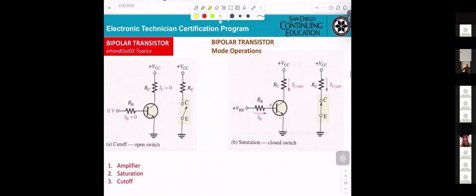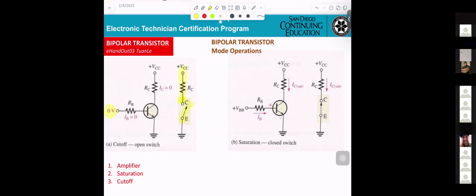Now we see here. Let's see, cutoff, open switch. If you apply a 0 voltage, transistor will be open. No current flow. So they're like the switch, they open between collector and the emitter. Okay. Next one will be amplifier. Okay.